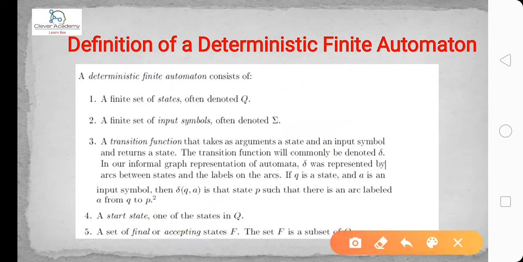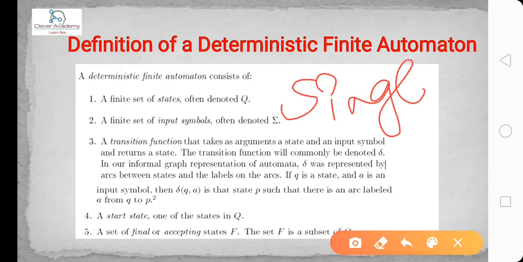A final state may be a single state, or it may be more than one state.